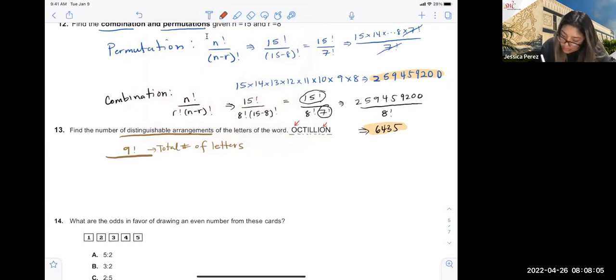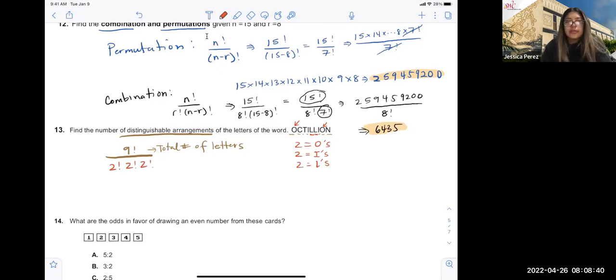We have 2 O's, that's 2 factorial. Another letter repeats twice, so that's another 2 factorial. You have 2 L's, and there's 1 C, 1 T, 1 N. That's it.